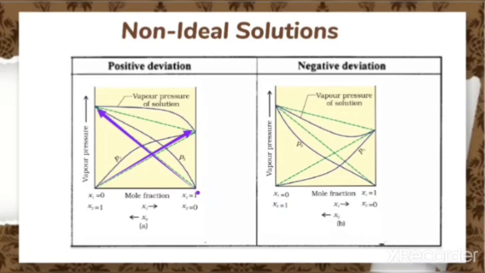So compared to what Raoult's law expects, the plot will be a little bit of a curve. That is, it will have higher vapor pressure than we expected from Raoult's law. So that's why you can see the plot is a little bit more in comparison to the straight line.